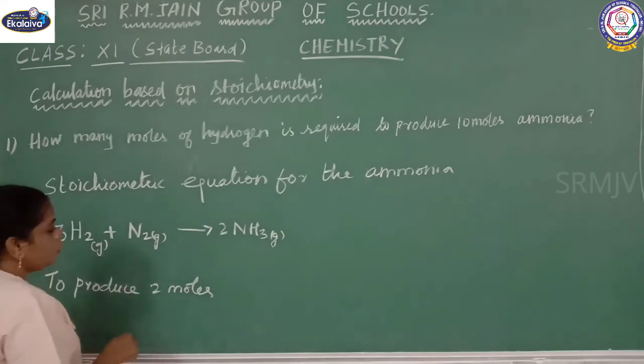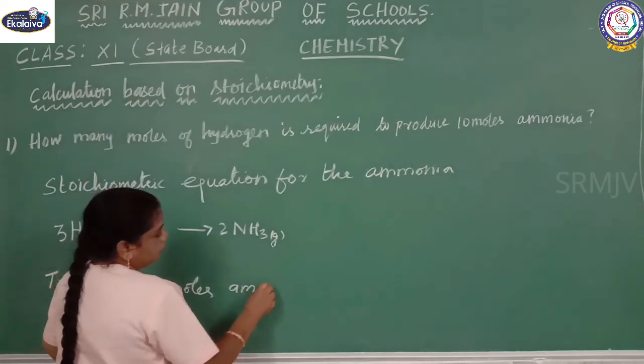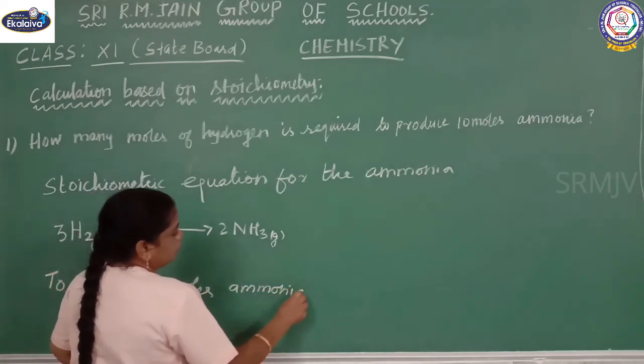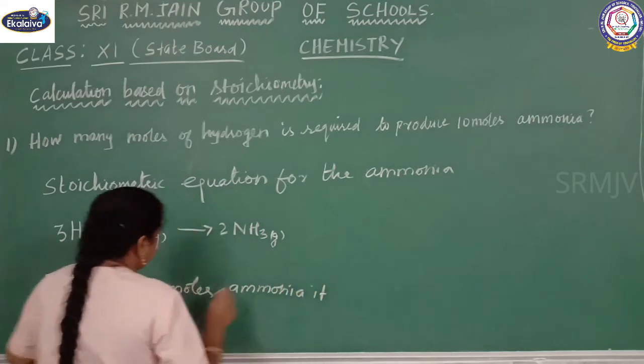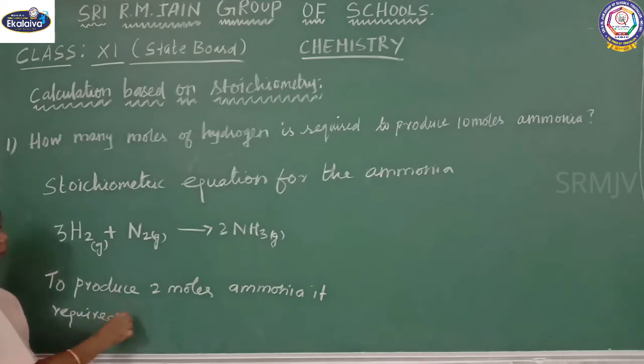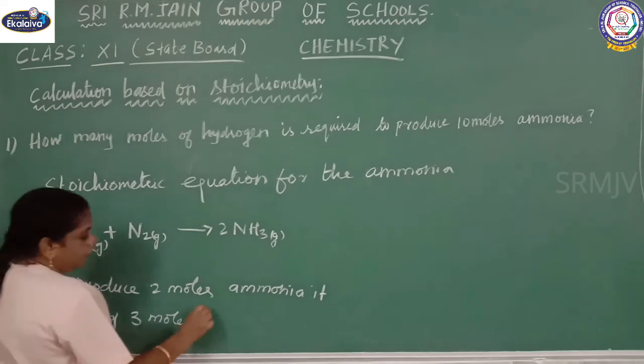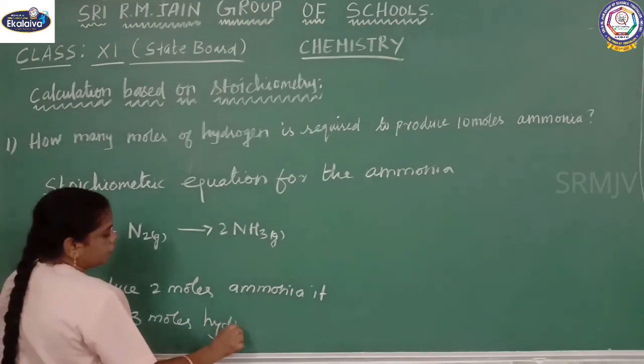Now to produce 2 moles of ammonia, it requires 3 moles of hydrogen.